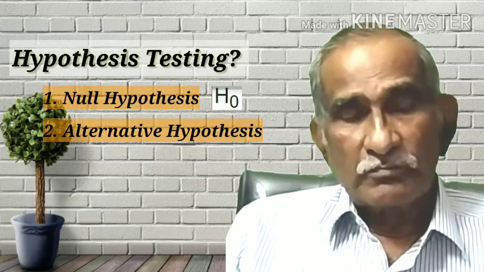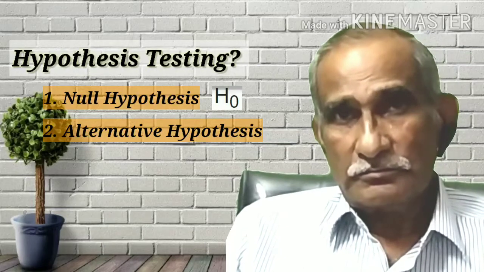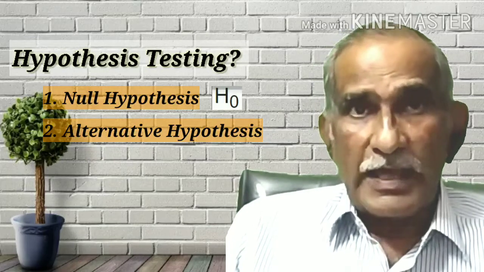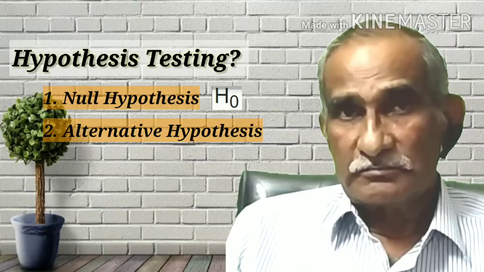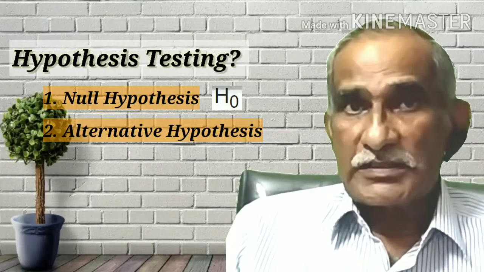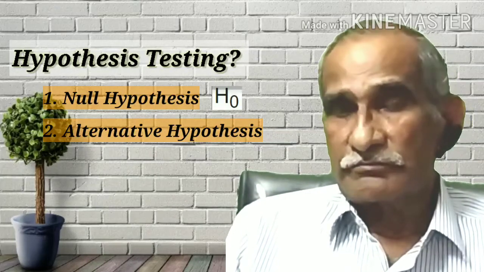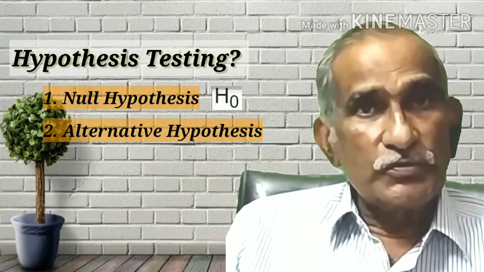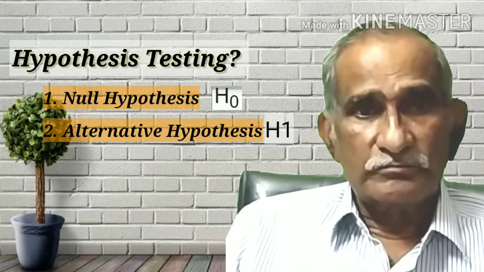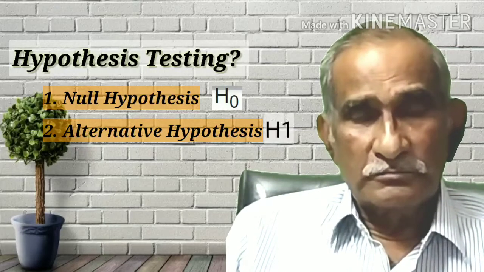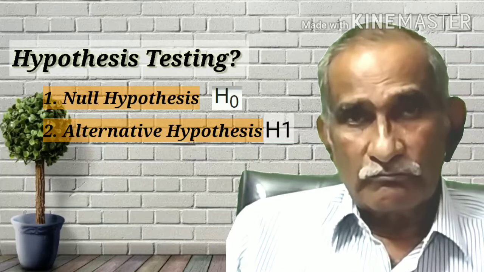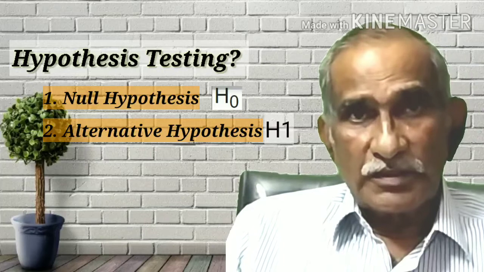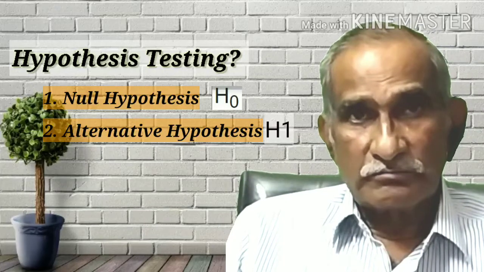So, a hypothesis in favor of which a null hypothesis is rejected is known as an alternative hypothesis. It is usually denoted by H1. So, one is null hypothesis, the other one is alternative hypothesis.